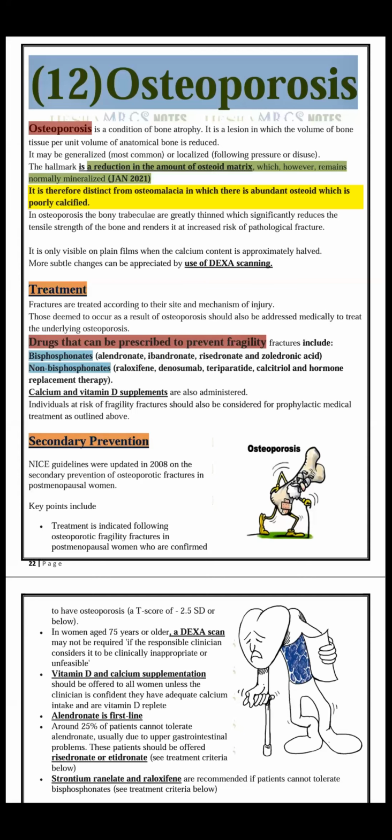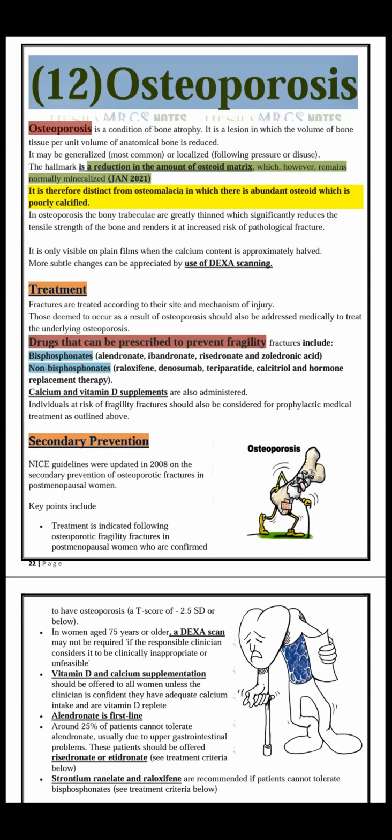Then let's go to the next slide on assessing the patient with osteoporosis. We have discussed osteomalacia, which is reduced mineralization. But what about osteoporosis? In osteoporosis, you will see a normal bone with normal mineralization, but you will have a reduction of the amount of the deposited osteoid matrix.